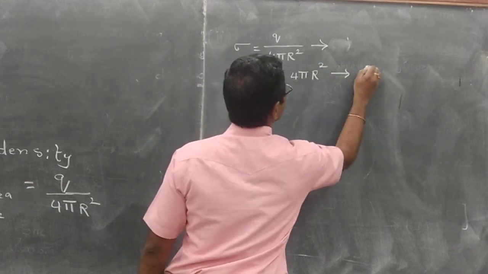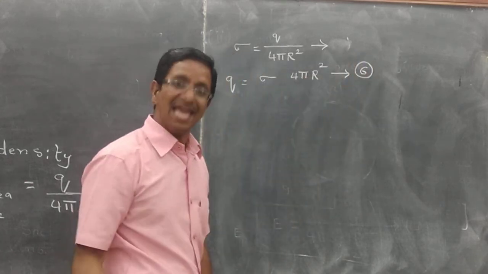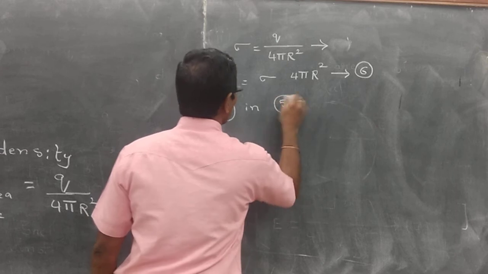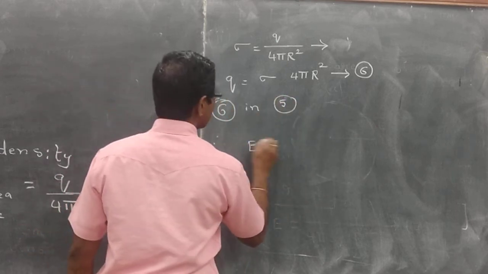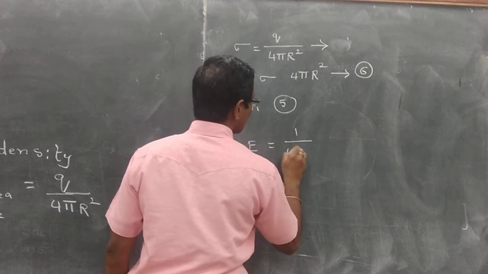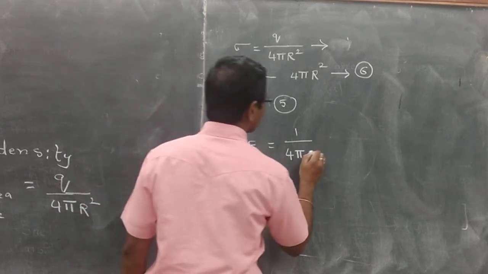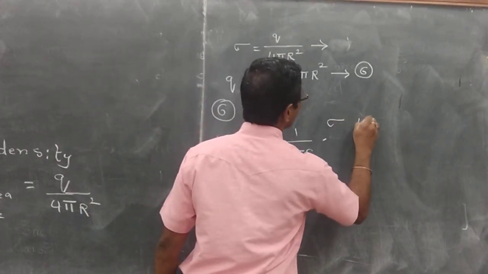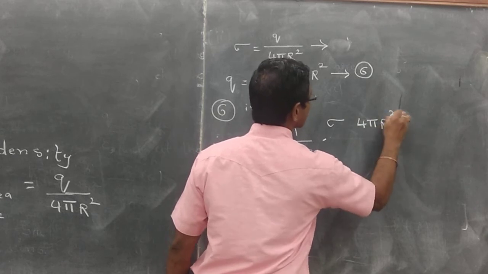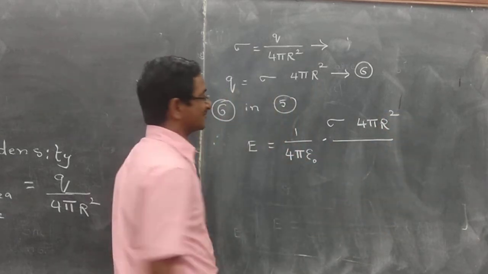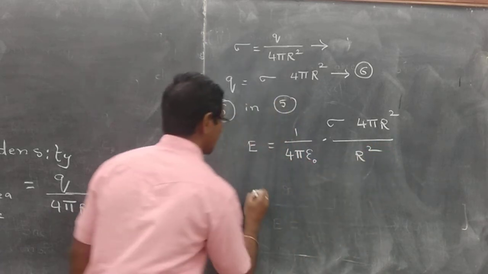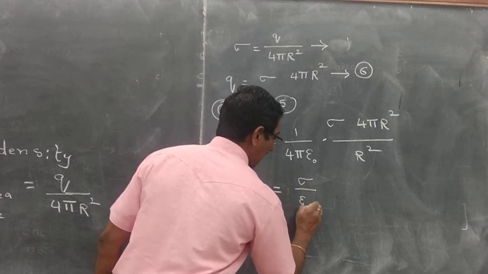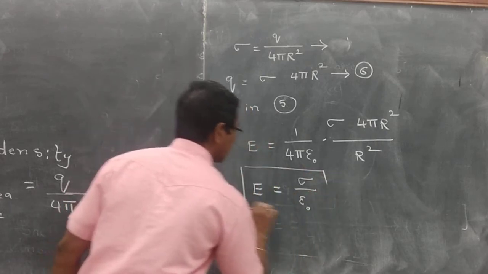Now putting 6 in 5, therefore, E is equal to 1 by 4 pi epsilon naught into what is Q? Sigma 4 pi R square by R square. Therefore, E is equal to sigma by epsilon naught.